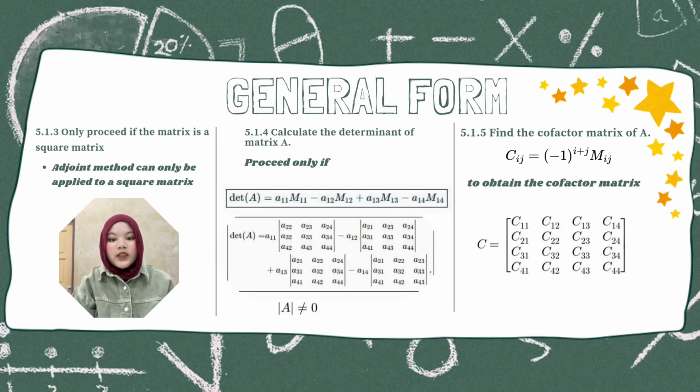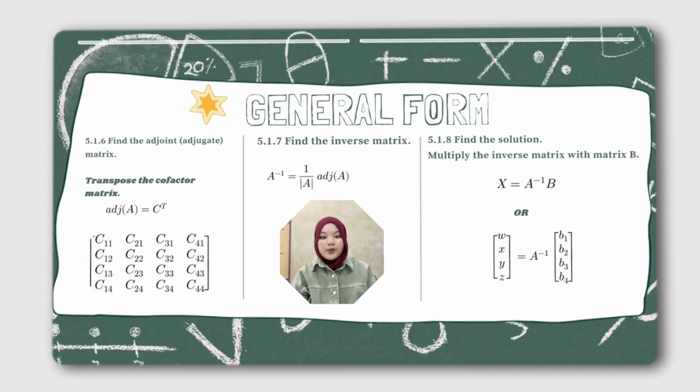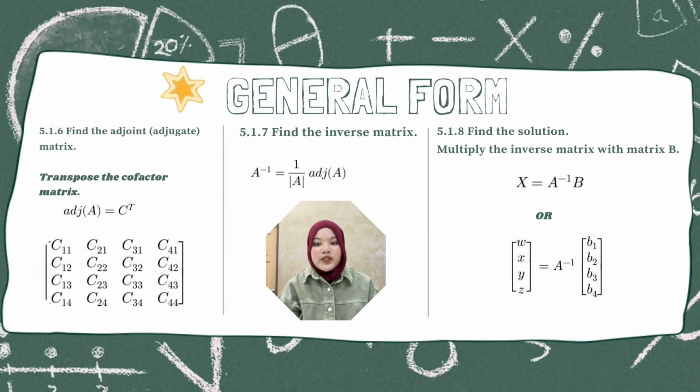Then we calculate the determinant of matrix A. If the determinant is not equal to 0, the matrix is invertible, and we can continue with the solutions. Next, we calculate the cofactor of each element in matrix A using the cofactor formula to obtain the cofactor matrix. After obtaining the cofactor matrix, we transpose it to form the adjoint matrix.